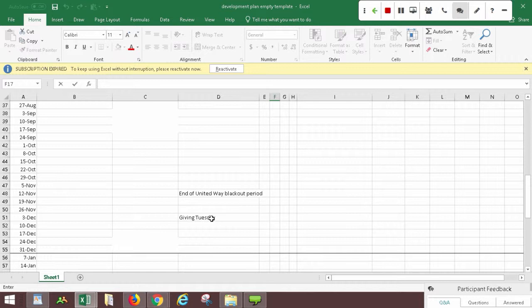Giving Tuesday is the Tuesday after Thanksgiving. It's something that's growing 50 to 100% a year for the last 5 or 6 years. After Thanksgiving, Friday is Black Friday at the bricks and mortar stores, and Monday is Cyber Monday online.